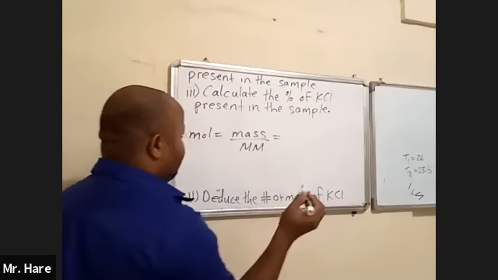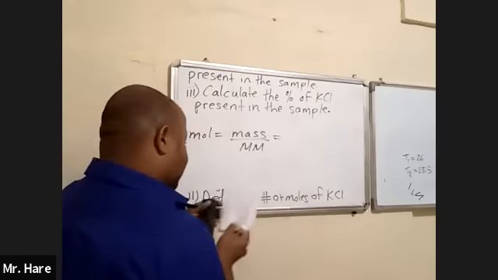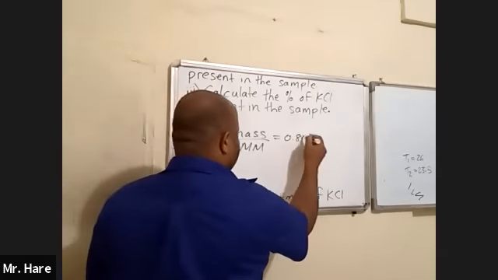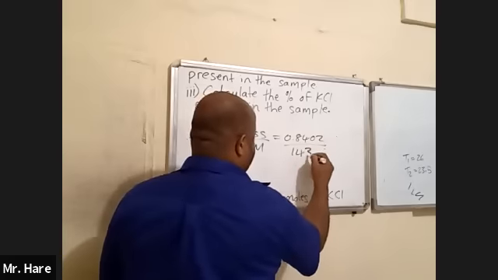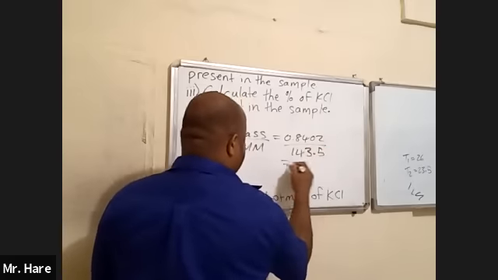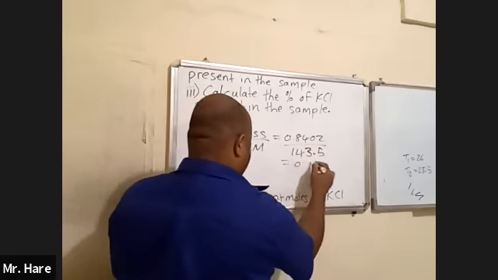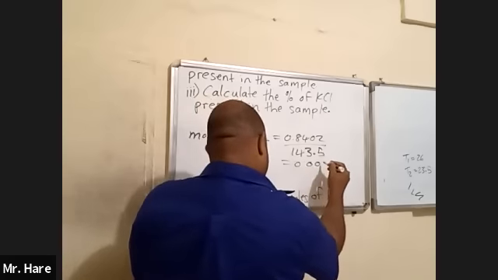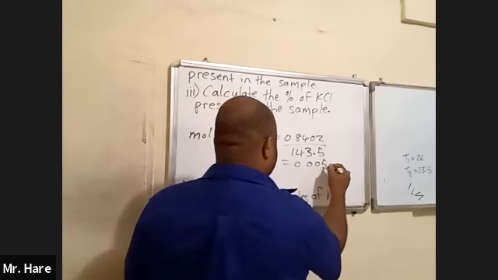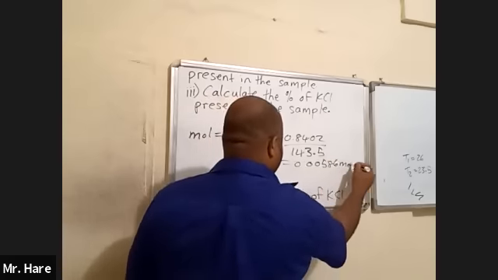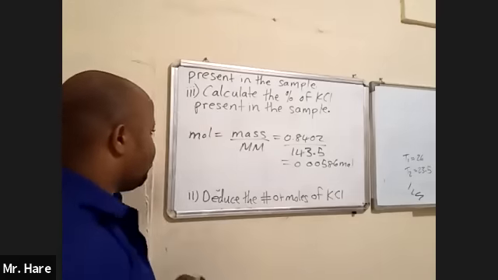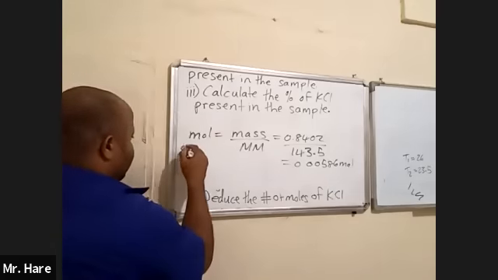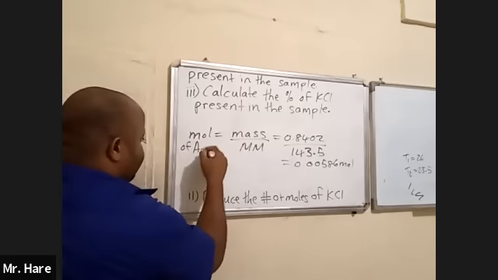The mass given was how much again? 0.8402 divided by 143.5, right? 0.00586. So that is the moles of the precipitate, which is silver chloride.